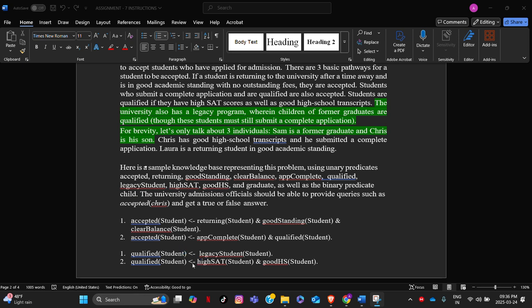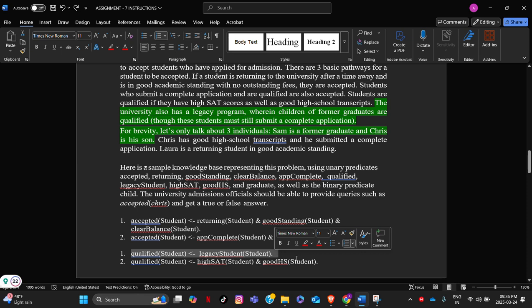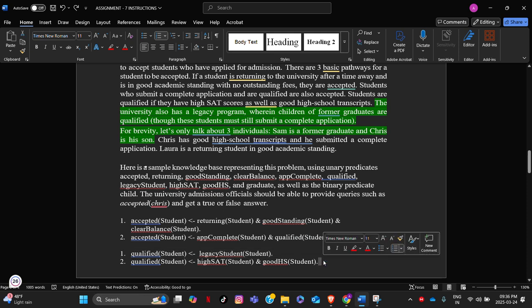One rule says a student is qualified if they are a legacy student. The other rule says a student is qualified if they have a high SAT score and good high school grades.